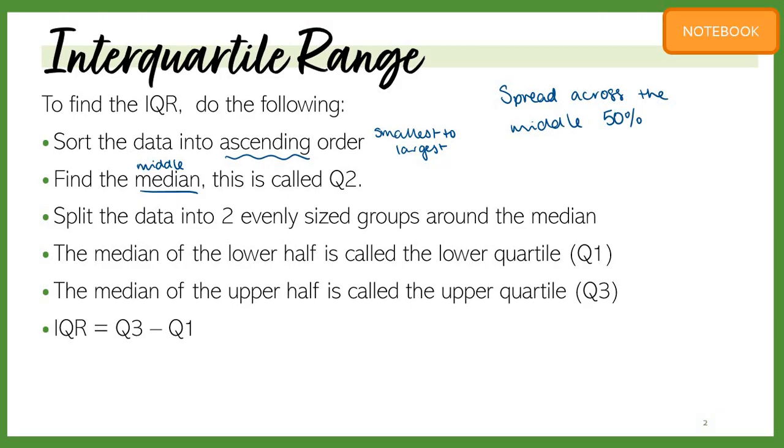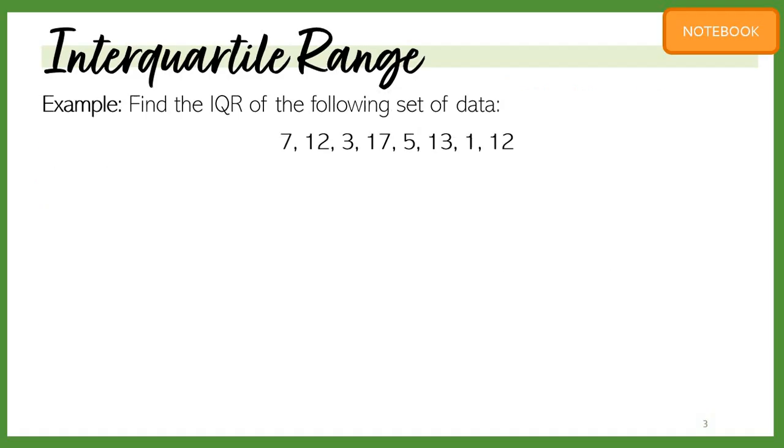We're then going to take the median of the lower half, and this is called the lower quartile, which we call Q1. And then we have the median of the upper half, which is called the upper quartile, so Q3. And once we've identified those data points, well, our interquartile range, being that middle 50%, is then our upper quartile subtracting the lower quartile. So we'll see this in action.